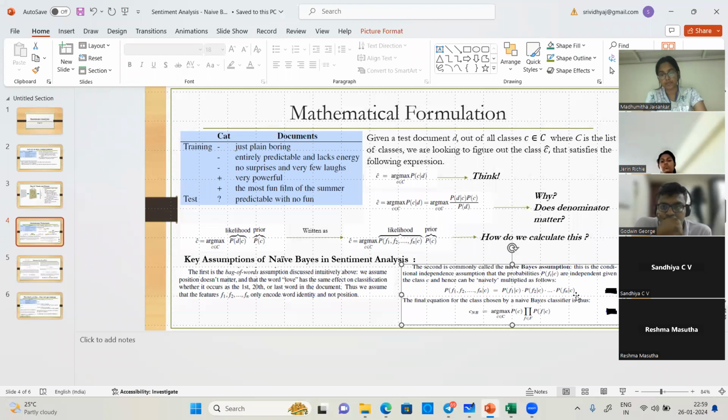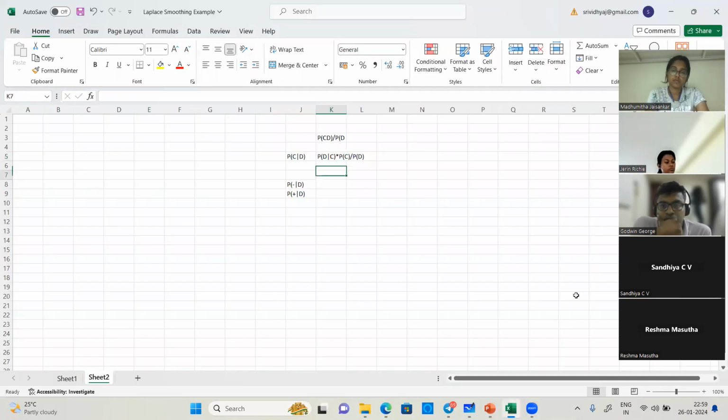Remember the conditional independence that we discussed in the previous session, where P of AB. So let me ask this question: P of AB given C. If A and B were to be conditionally independent on C, can somebody expand this expression for me?